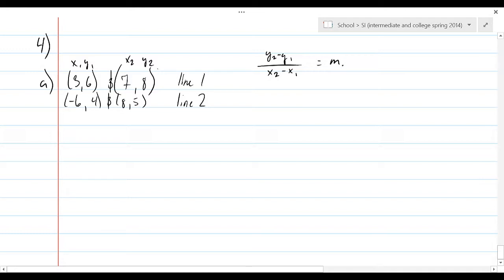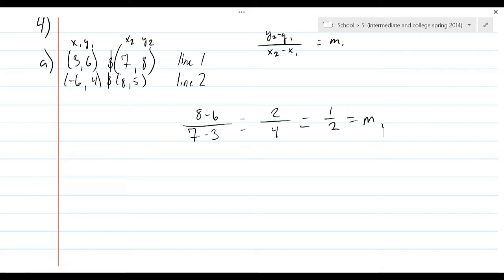For this one, I've got 8 minus 6 over 7 minus 3. So that's 2 over 4. 7 minus 3, is that 4? It is. And then I've got 1 half. Okay, well that's my slope, that's my m, for line 1.